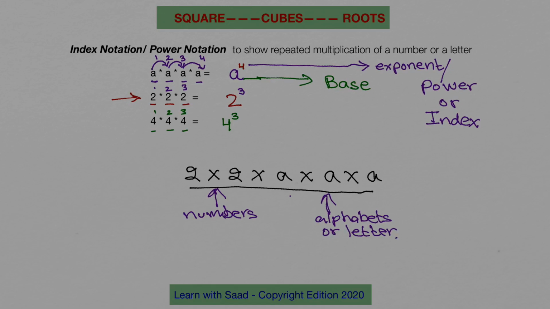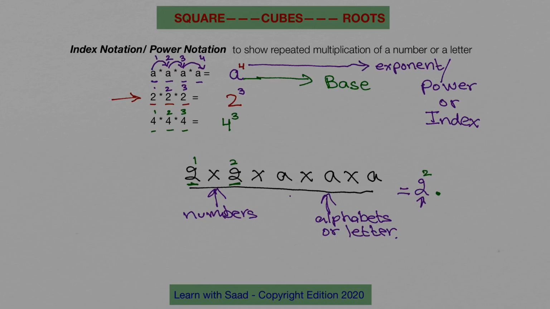For the numbers part, we write 2 as a base, and then how many times are we timing 2 with itself? 1 and 2. So we write 2 on the top.